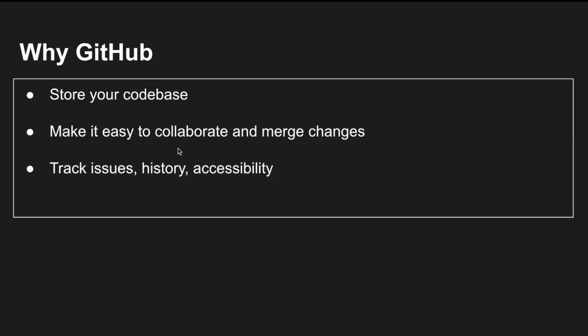And why GitHub? GitHub is an online platform where you can store the code base as well as your Git history. It makes it much easier to collaborate and merge changes made by different people, so that multiple people can work on the same code base. It also helps us track issues and history of any code base, and makes it easier to customize the accessibility of a code base.